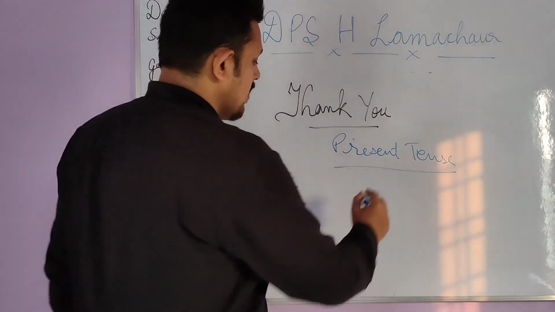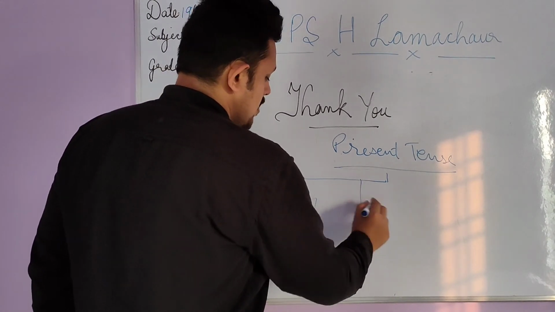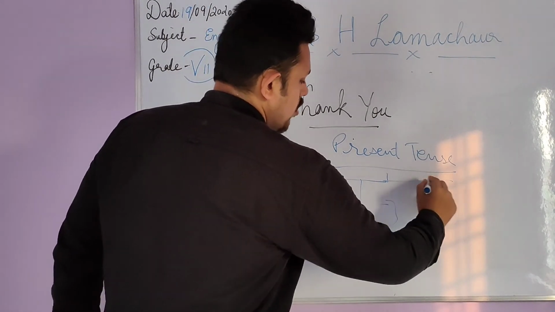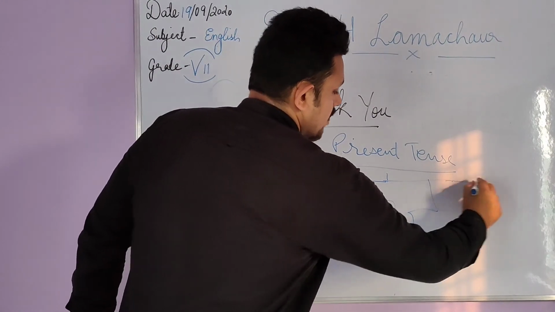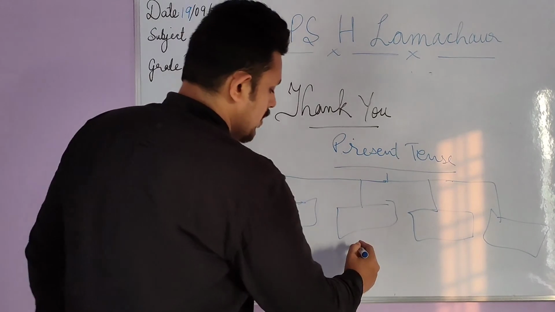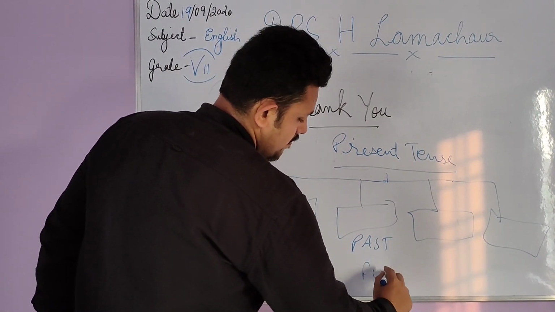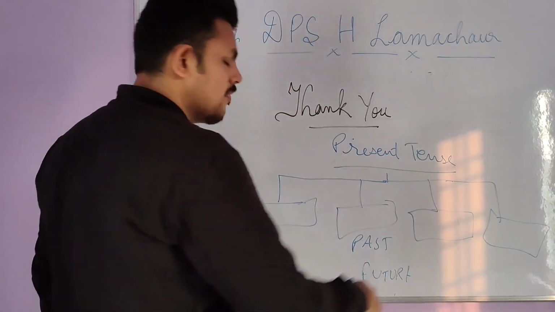You can make four boxes of it, and in the same way, below it you will do past, and after that future, and the chart will follow.